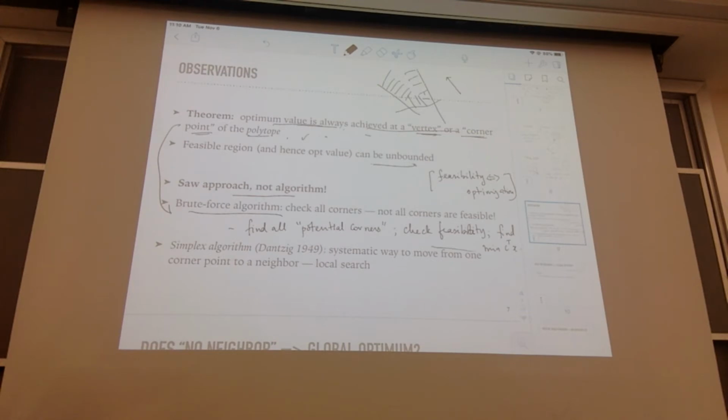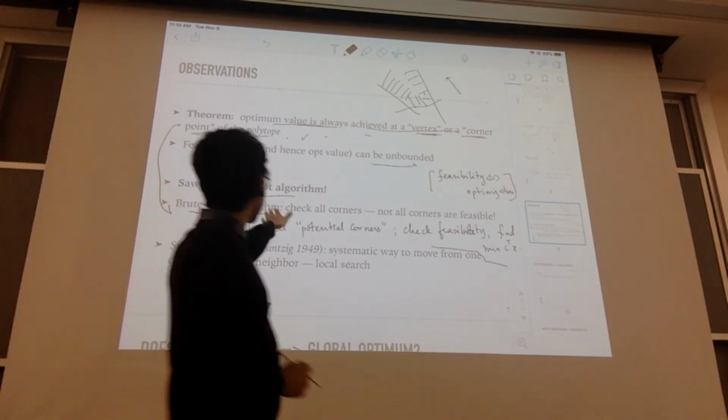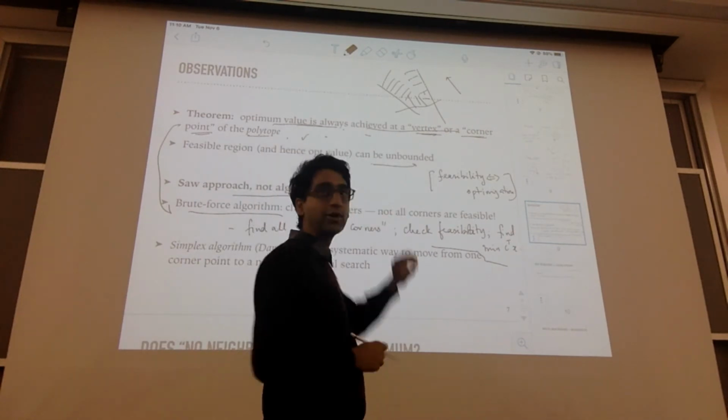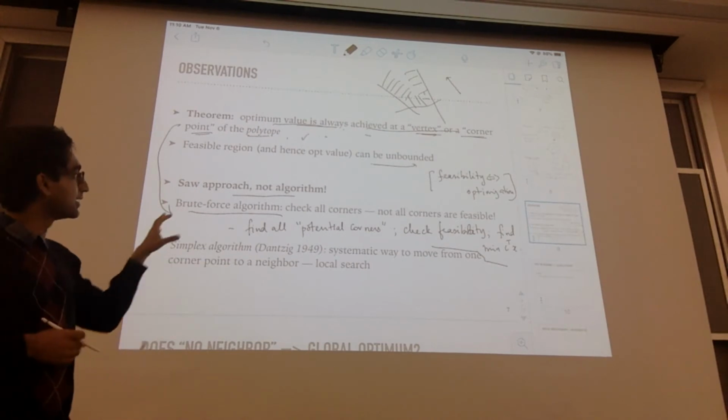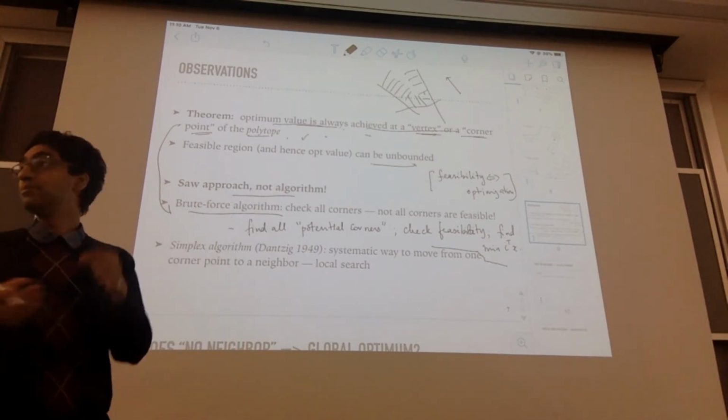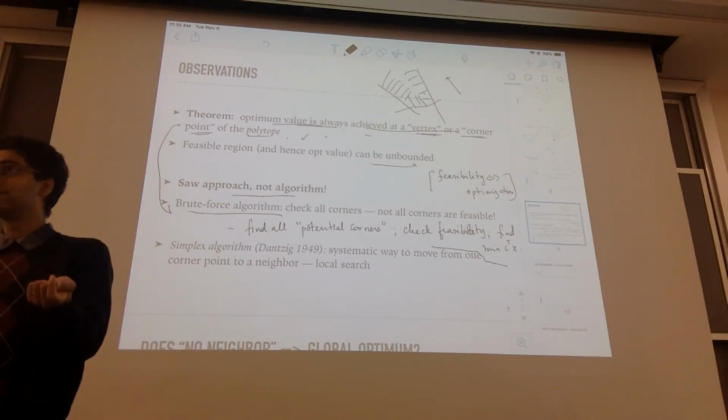This would be a valid algorithm. So you find all possible corners by choosing n equations, then check for feasibility, and then find the minimum of the linear objective over these points.